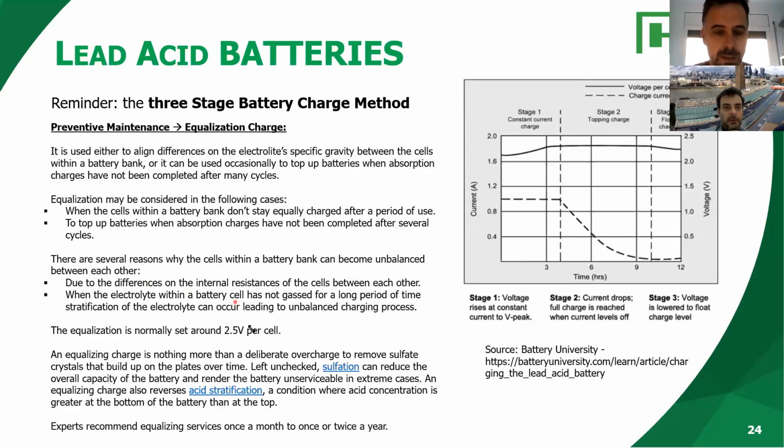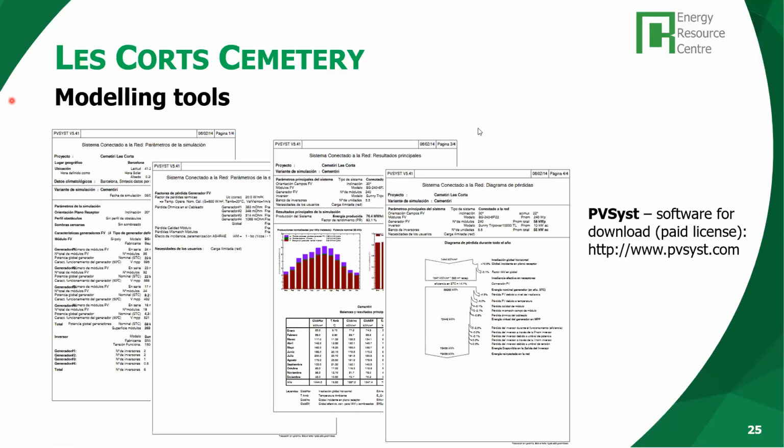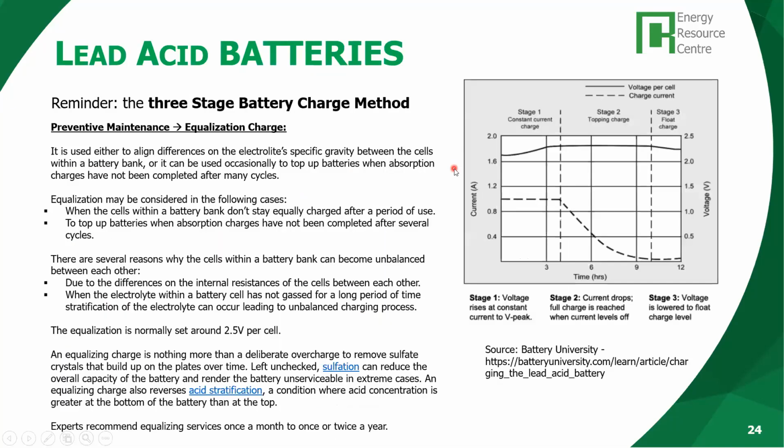Okay. I was saying that the fact that we have the grid is convenient for the equalization of the batteries, right? The equalization of the batteries is very, very important. In this case, the microgrid manager is programmed to launch an equalization of the batteries once a month, from 12 to 8 a.m., when the energy from the grid is cheaper.